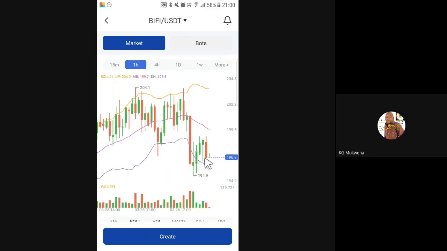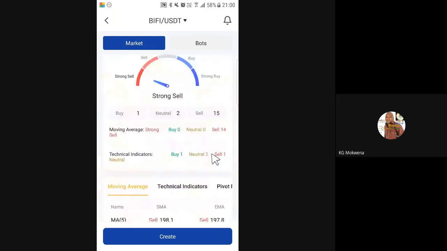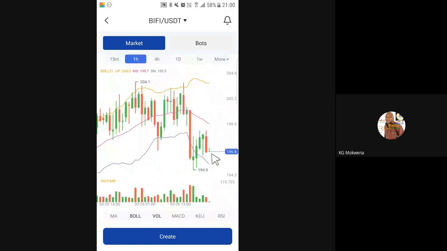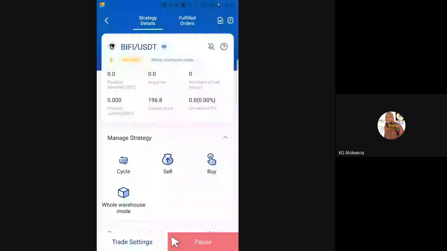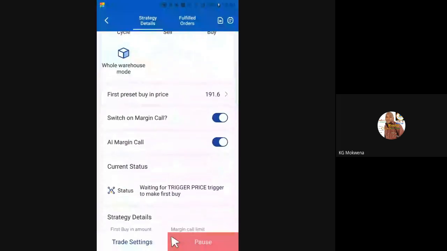Because if you are to check, let's go and check our price again. I will click at the bottom there, create again, and go to the transaction page. Look, our price, business partners, is 191. I'm going to make a screenshot of this for you to see exactly what is happening.